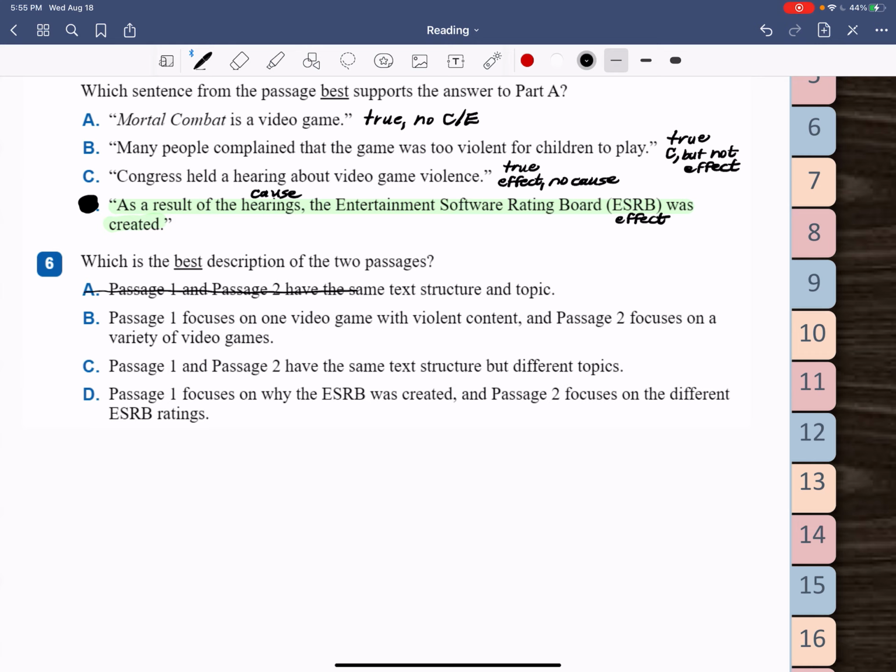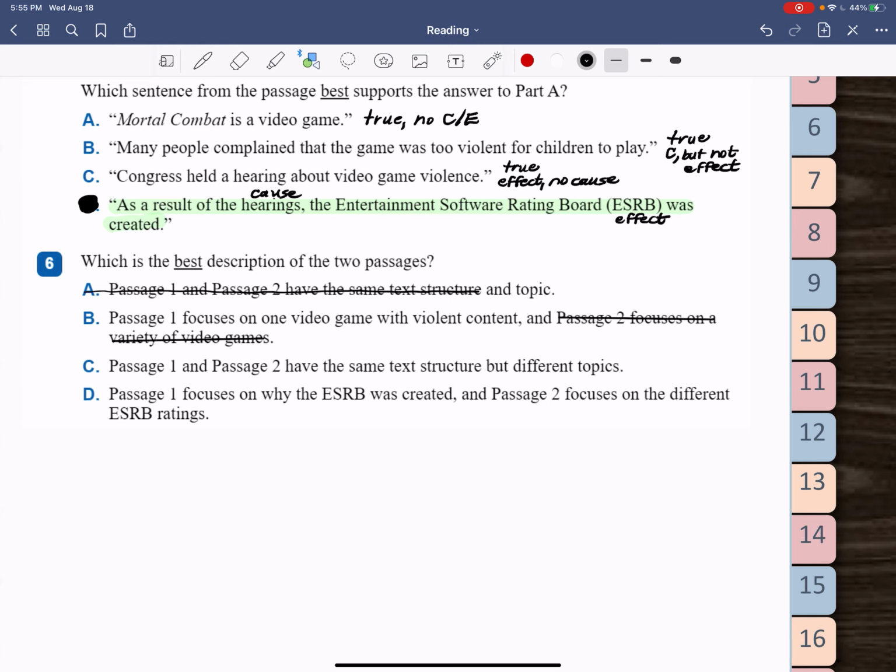They do not have the same text structure. Passage 1 focuses on one video game with violent content. Passage 2 focuses on a variety of video games. That's not true. Passage 2 doesn't mention games. It mentions ratings.